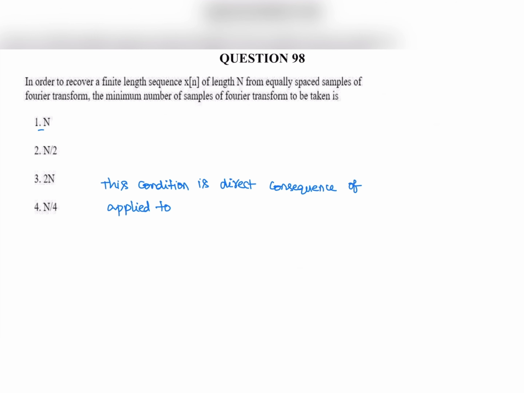Next question. In order to recover the finite length sequence x of n of length n from equally spaced samples of the Fourier transform, the minimum number of samples of the Fourier transform to be taken is n. Option 1 is correct. So the minimum number of samples of the Fourier transform needed to recover a finite length sequence x of n of length n is n.